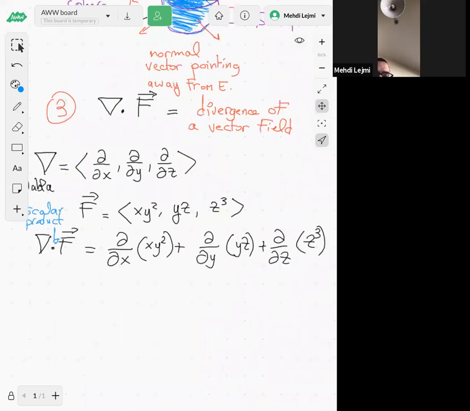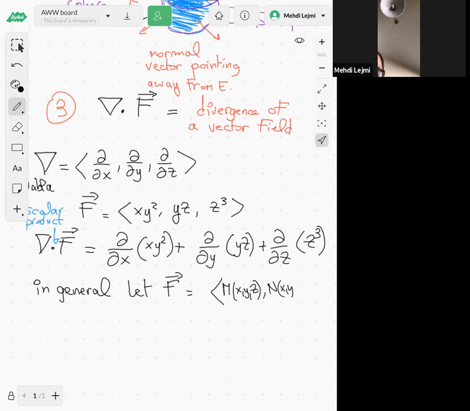So in general, let's say you have a vector field F equal to some random functions: M of x y z, N of x y z, and L of x y z. So we have this vector field.